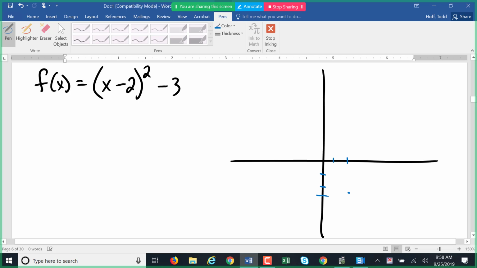Perfect, 2, -3, right there. Now, a is equal to what for this equation? 1, perfect. There's no number in front of the parentheses, so that's really a 1. It's 1 times the parentheses, but we don't need to write it in.